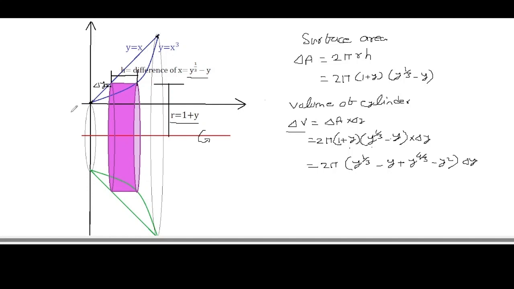The lowest point is the origin, and the highest point we have is A, that is (1, 1). So here you can say y is varying from 0 to 1. So to find the volume of the entire solid, we have to integrate the expression of delta V, which you already got here, from 0 to 1.